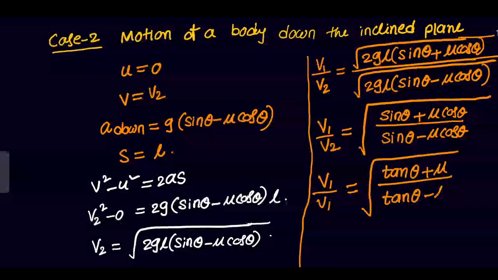Dividing the numerator and denominator by cos theta, v1 by v2 will come as the square root of (tan theta plus mu) by (tan theta minus mu).